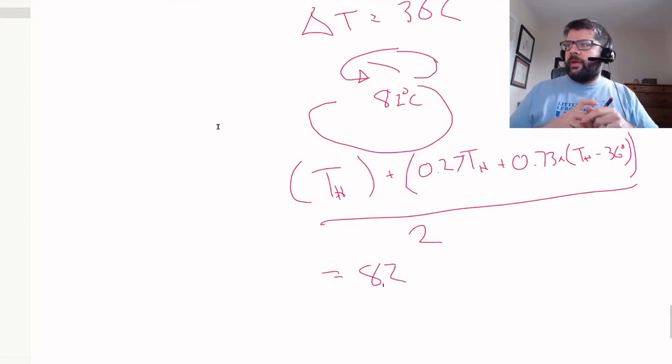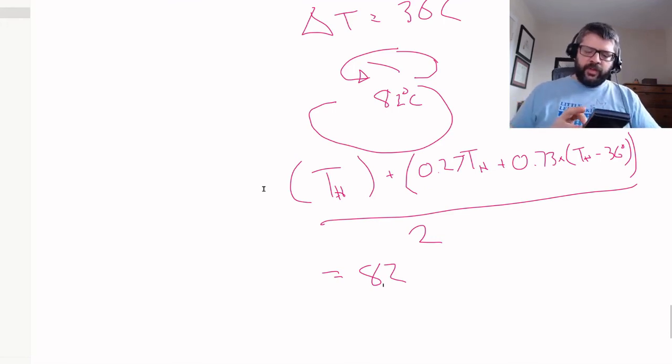So adding stuff together, let's add up the THs first. We've got 1 TH plus 0.27 TH plus 0.73 TH. That's 2 TH divided by 2.